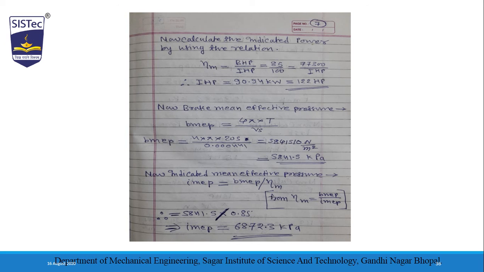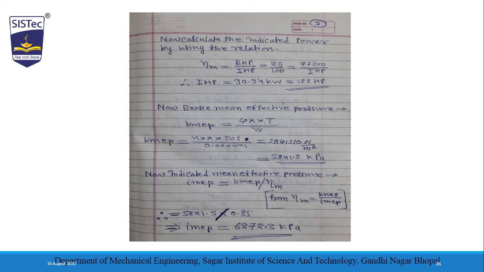Similarly, we calculate the indicated mean effective pressure, that is IMEP equal to BMEP divided by mechanical efficiency, same as the formula we previously used to calculate the mechanical efficiency with respect to brake horsepower and indicated horsepower.